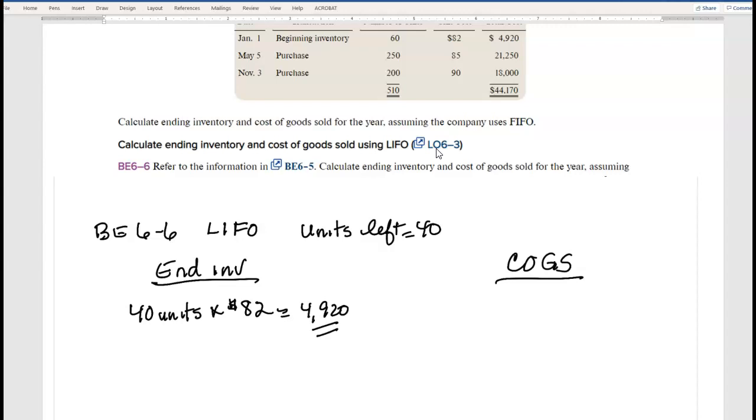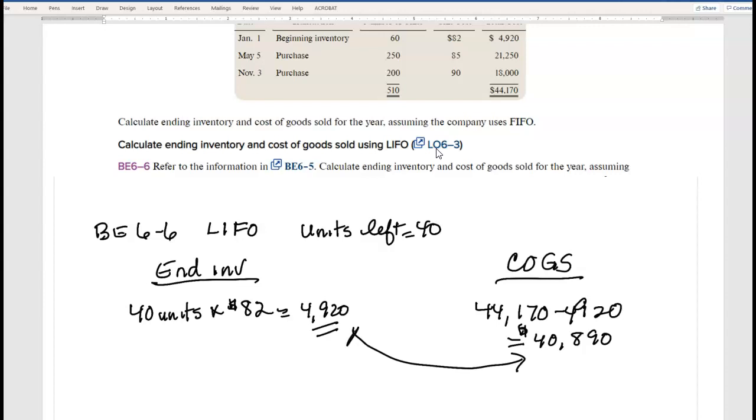Or we could just take $44,170 minus $4,920 equals our cost of goods sold would be $40,890. This plus this equals $44,170.